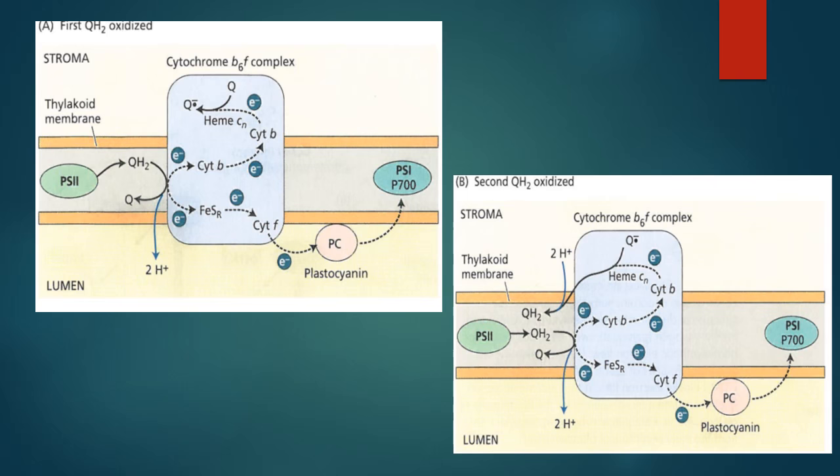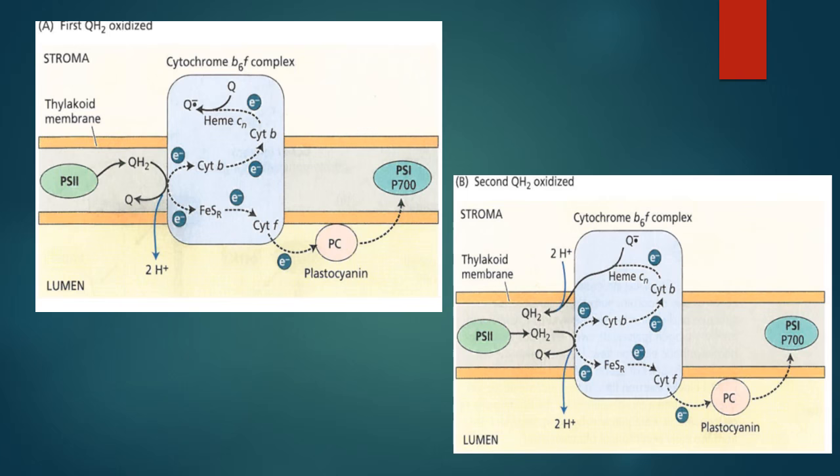In the cyclic part of the process, the plastosemiquinone transfers its other electron to one of the b-type hemes, denoted as cytb, releasing both of its protons to the luminal side of the membrane.